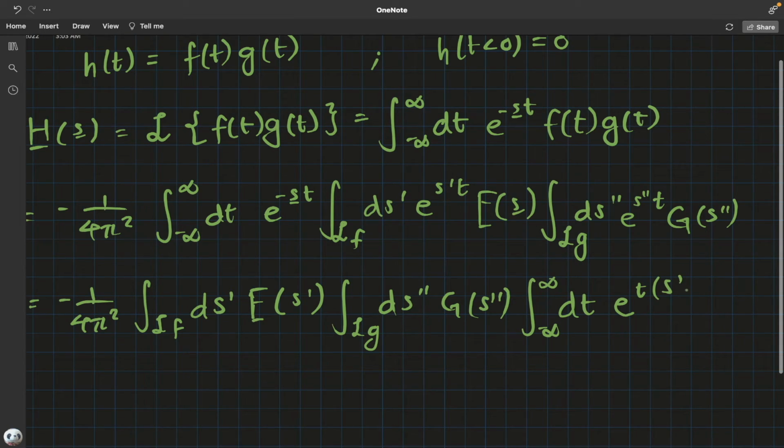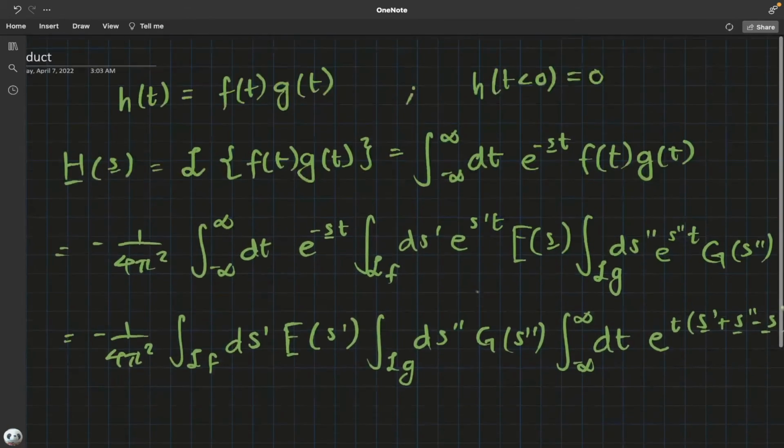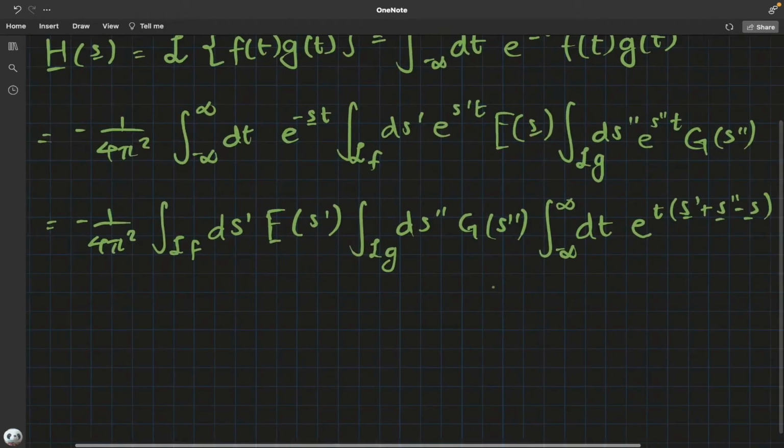So, having these conditions in place also tells us what the region of convergence will be for h of t, capital H of s rather.